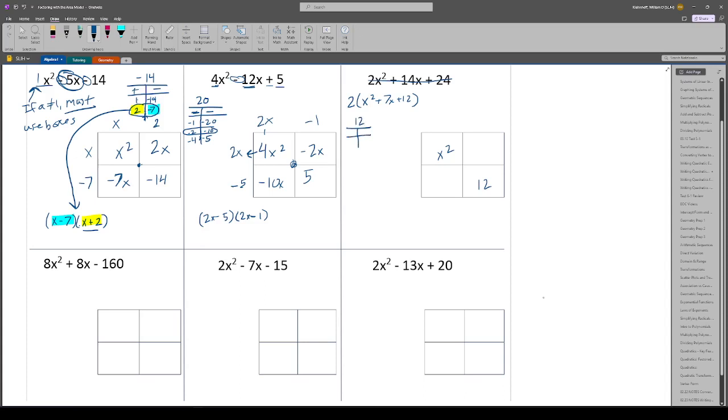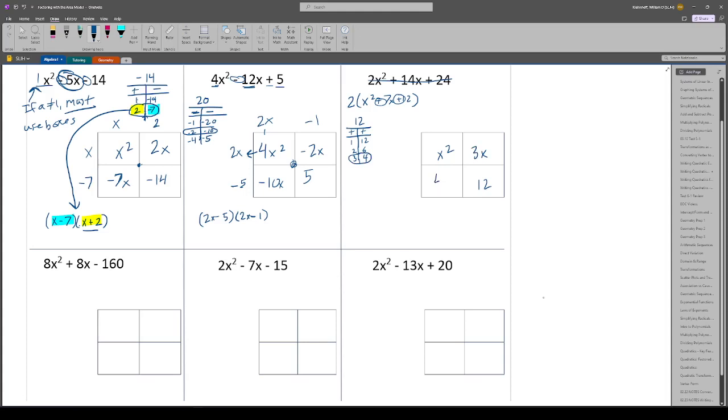And in this case, b and c are both positive, so we have the same sign, and they're both pluses, so plus plus. And then my factors are 1 and 12, 2 and 6, 3 and 4. So the 3 and 4 add up to 7, so those are the correct ones.